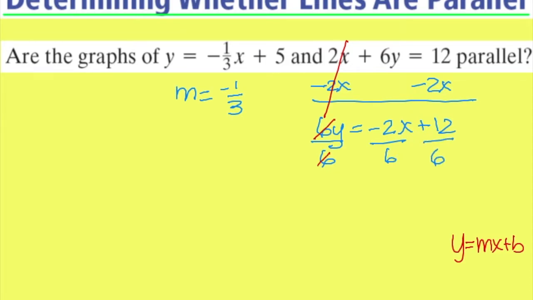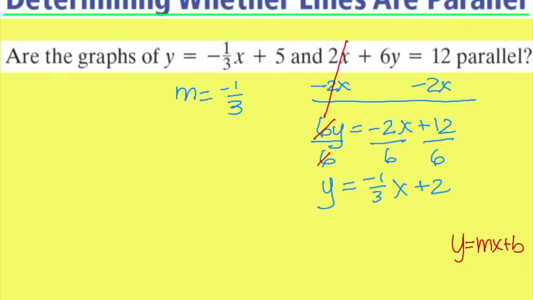So these 6's cancel out, leaving me with just y, and that's equal to negative 2 over positive 6. That doesn't divide, but that does reduce to negative 1/3 x plus 2.